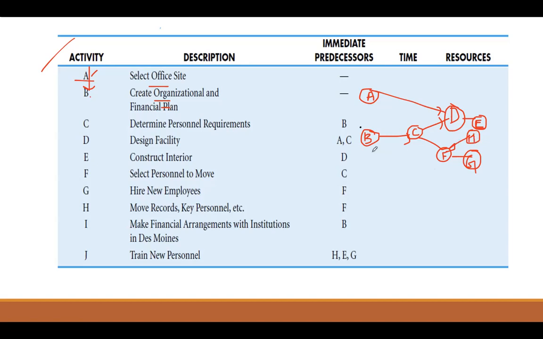Then after B, you have I, right? After B, your I will start, so you can see I here. And J, train new personnel, starts after E, H and G. So when all these three activities finish, J will start, and this is the last activity.